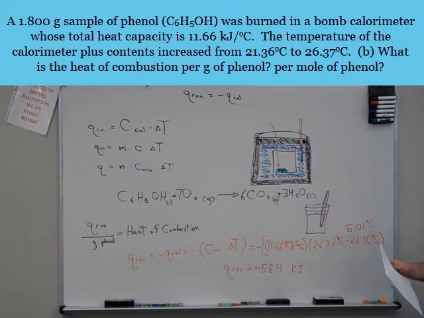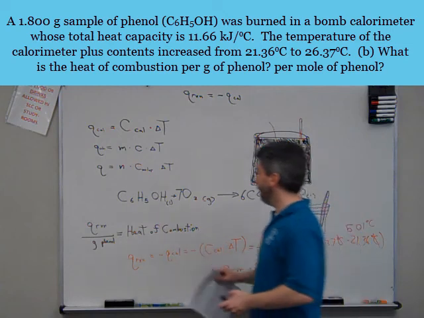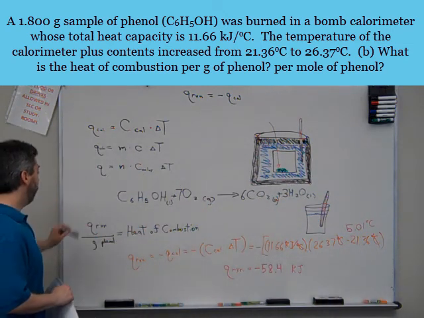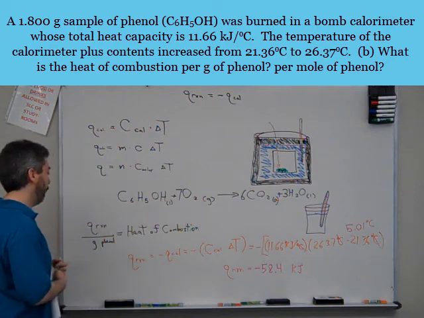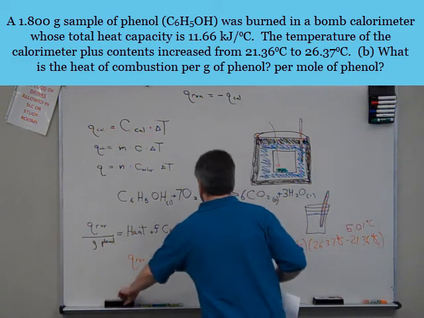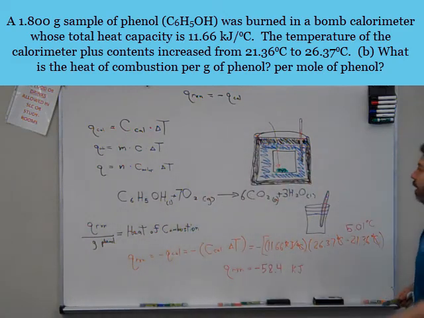Very true. Okay, so now all I have to do to get the heat of combustion is take my Q of reaction divided by the grams of phenol. I feel like I got too much going on here, so I'm going to erase this up here.